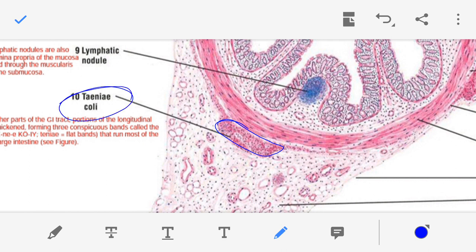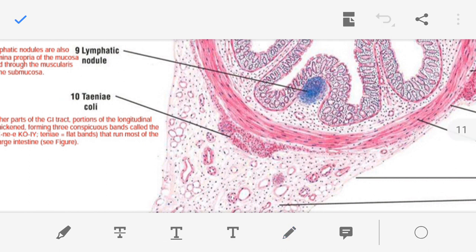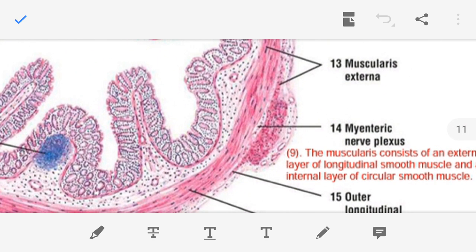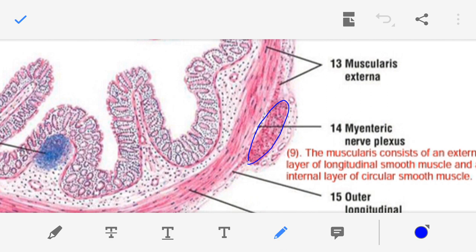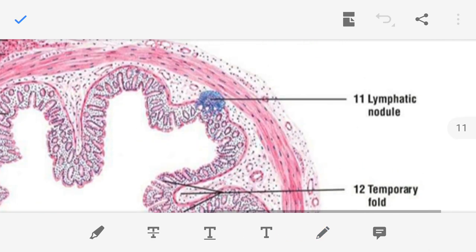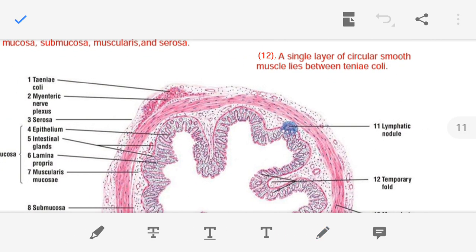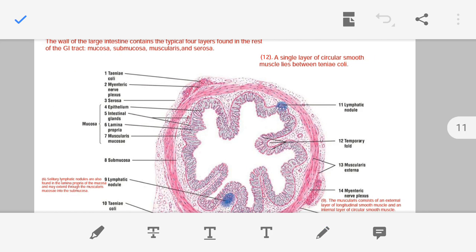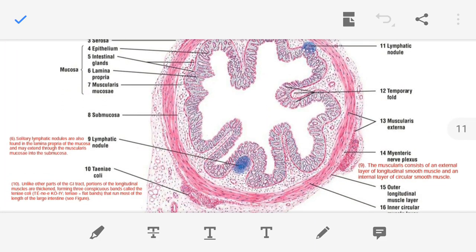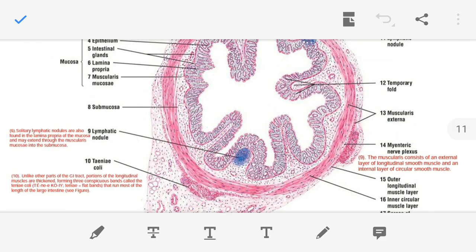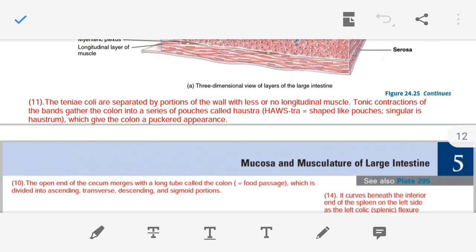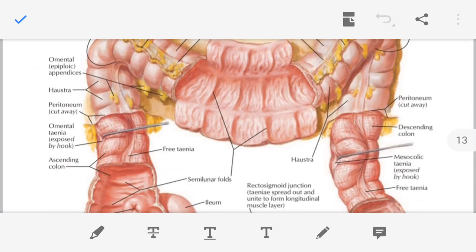So this one is the taenia coli, this one is the taenia coli, and this one is the taenia coli. So there are three teniae coli.